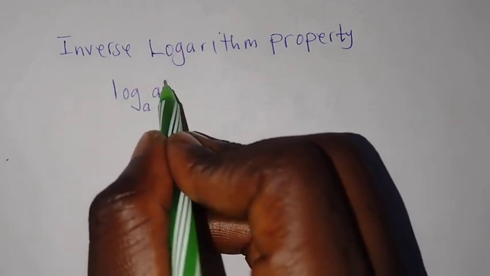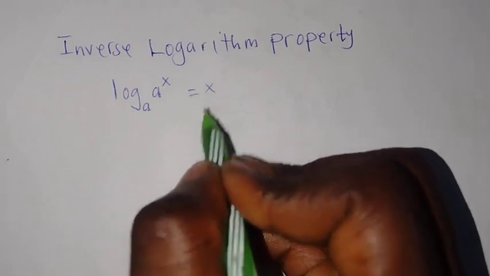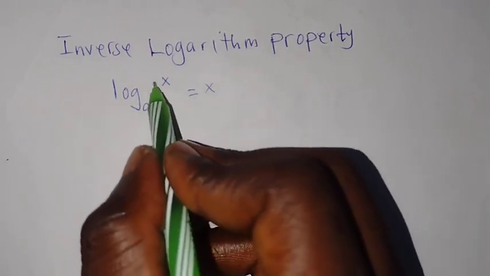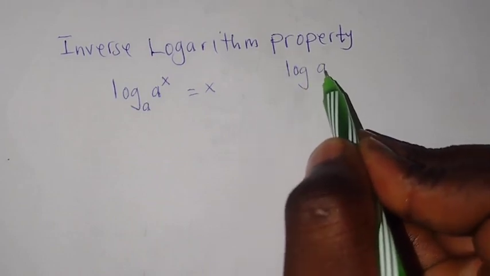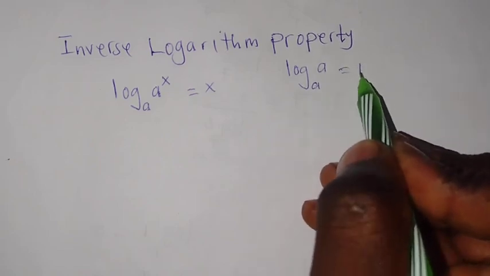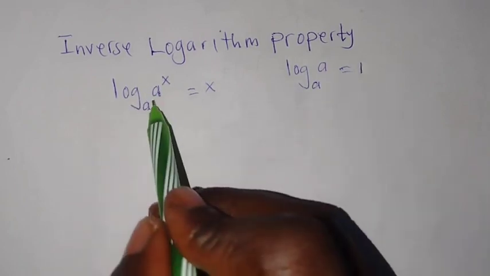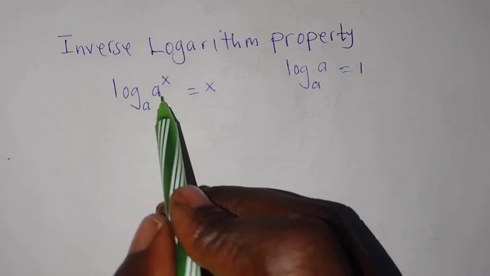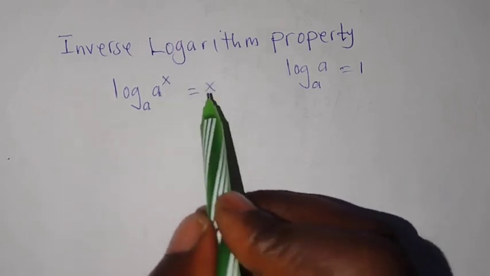So this a will be raised to the power of x. Then we say this one is equal to x, because for this property, if you have a log of a number and it has the same base, this is a 1. So no wonder here we are going to put a 1. So now this x will be equal to this x.